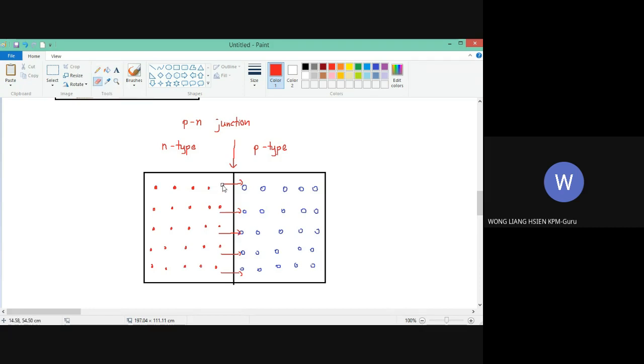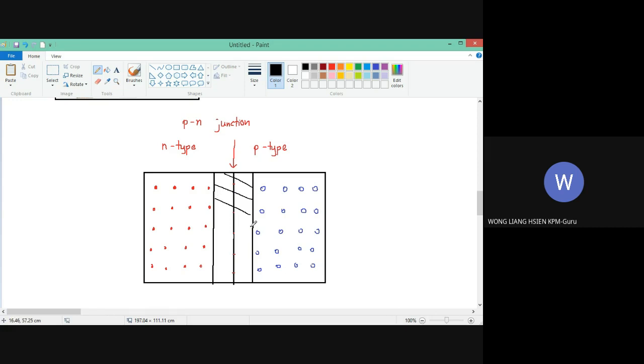So what happens is the area that is near the PN junction becomes lack of charge carrier. So we call this region the depletion layer.